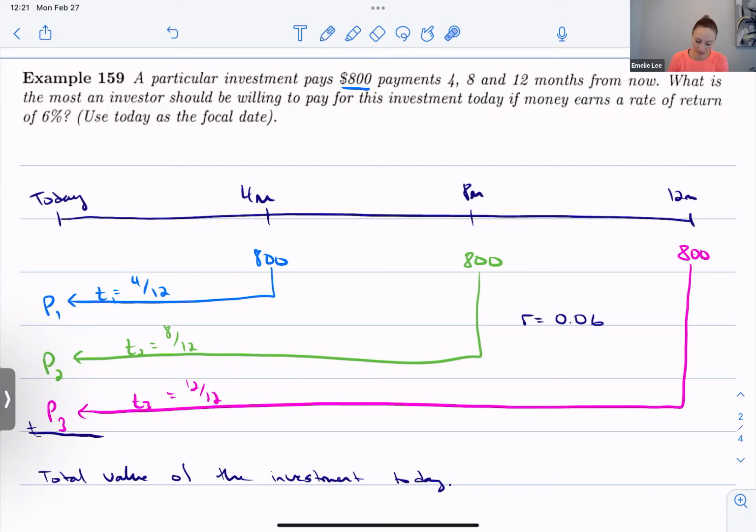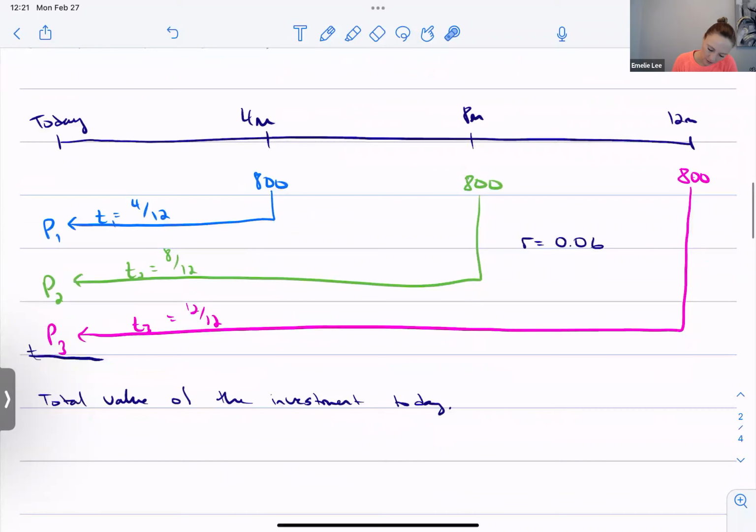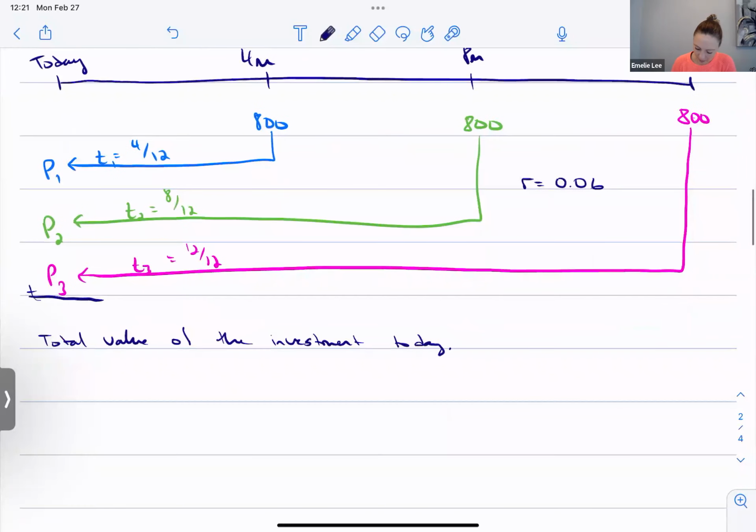You could have different rates for each of these, and we'd be able to deal with that, because we're just solving for these P's individually and then adding them up. Maybe I'll highlight that here. The total value of the investment today is P1 plus P2 plus P3.